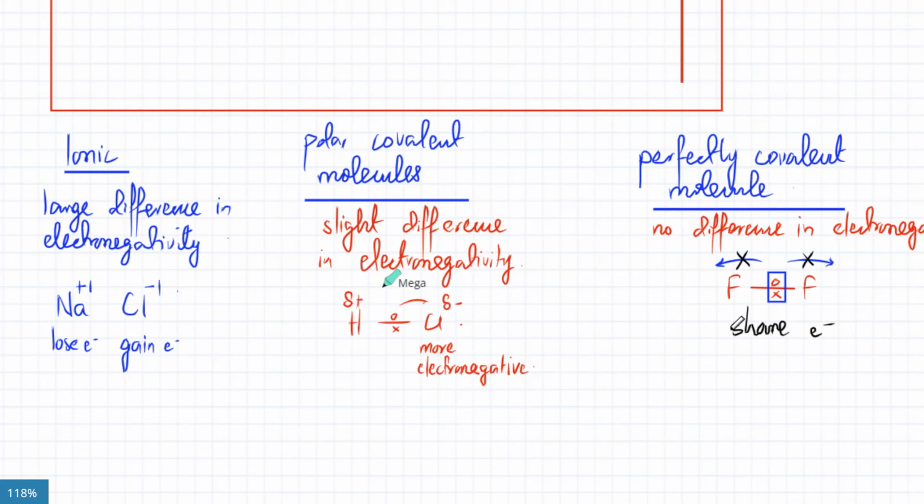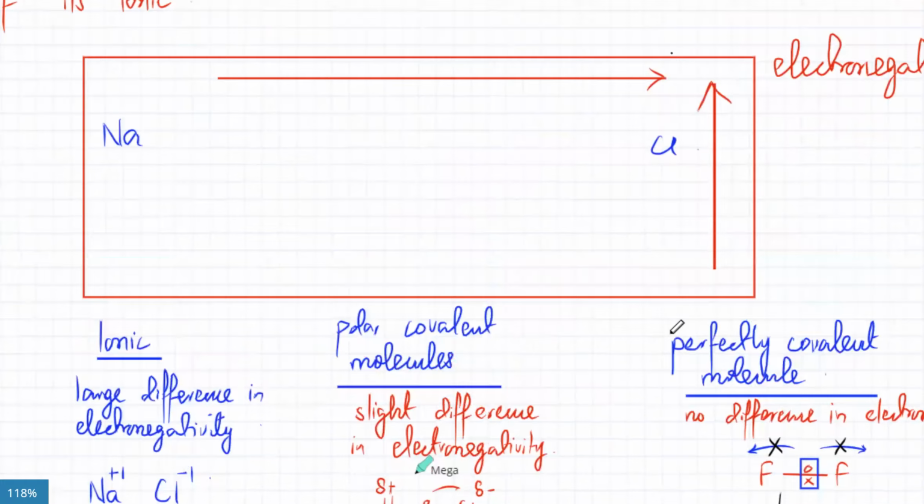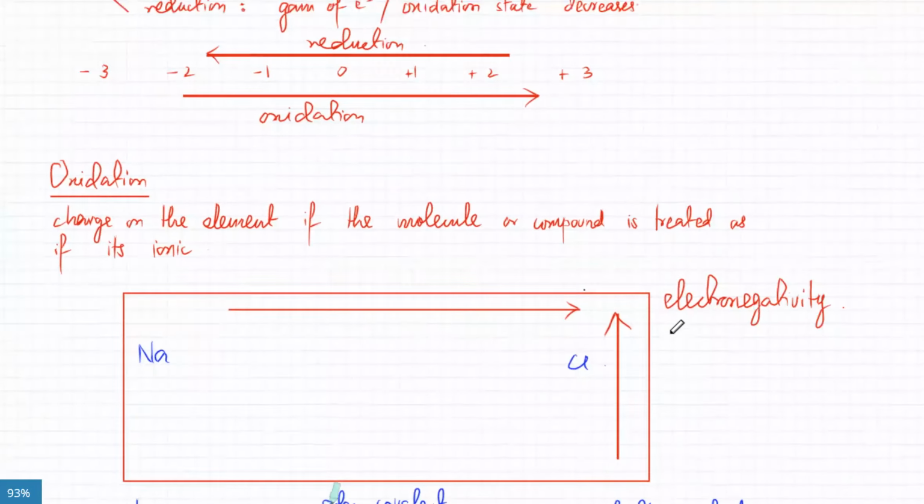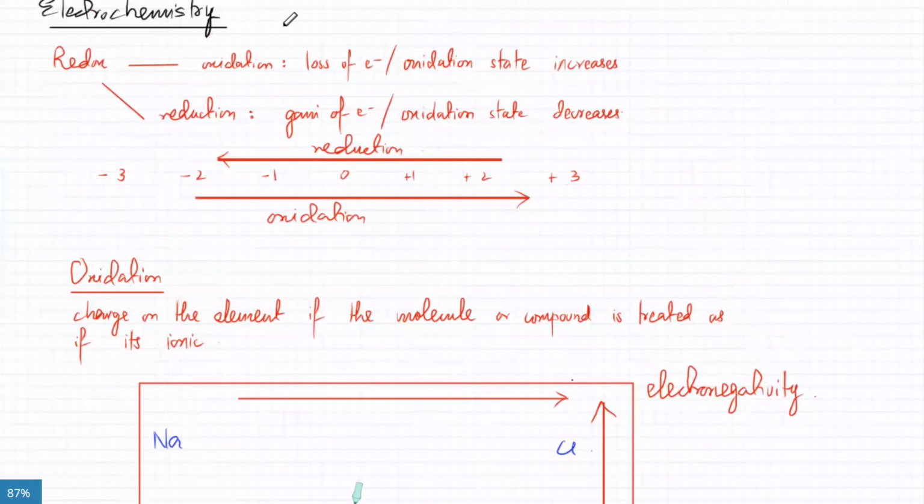Now, oxidation state is the charge on the molecule if the molecule is behaving as if it's an ionic compound. So when you talk about oxidation state, what was the definition of oxidation and reduction? Oxidation is the loss of electrons, reduction is the gain of electrons.